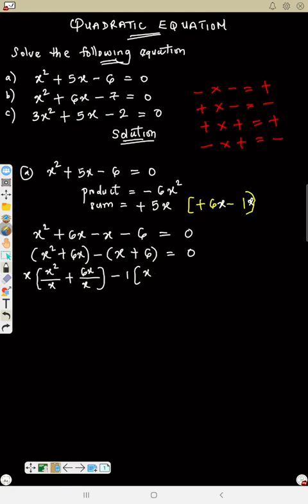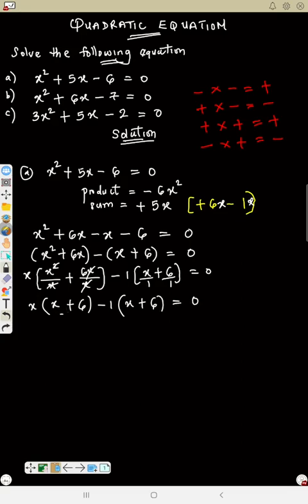So that will be x plus 6, over 1 equals 0. So we now have x, then the 1s will go. That will be x plus 6 minus 1, then x plus 6 equals 0.